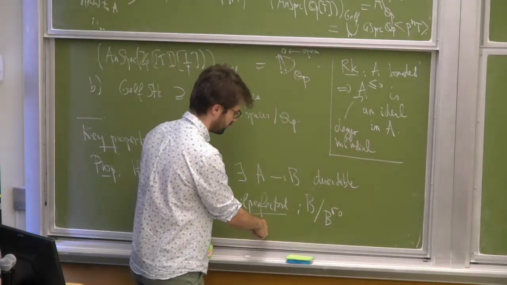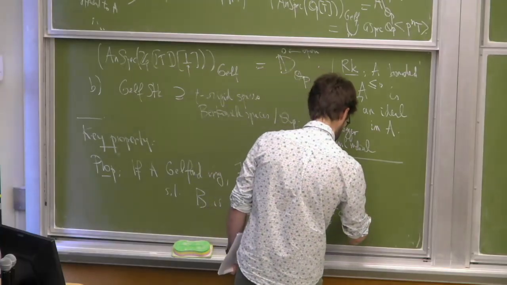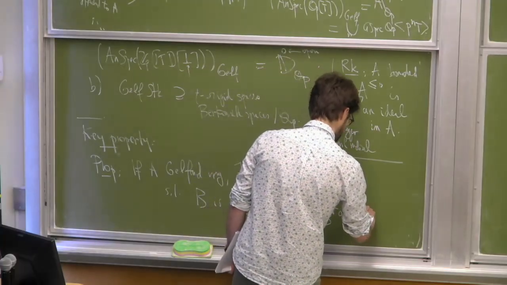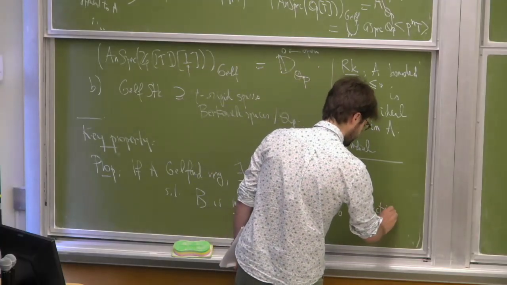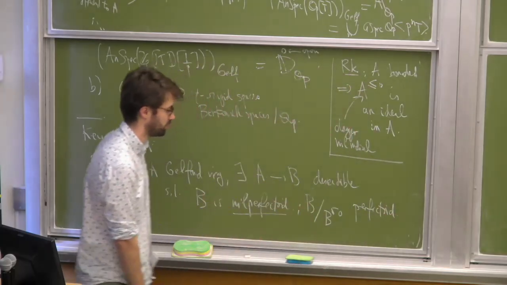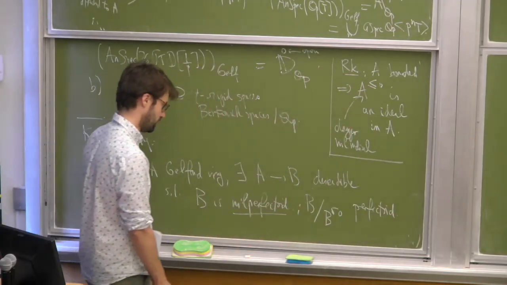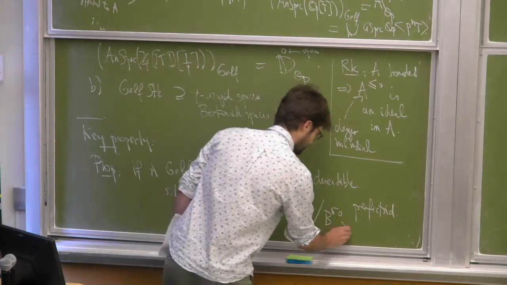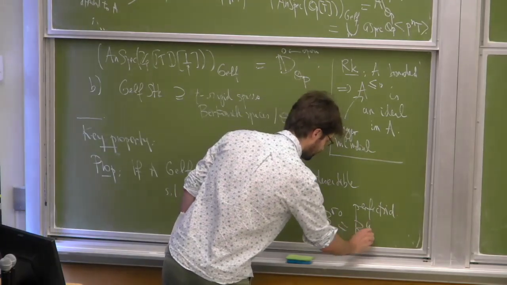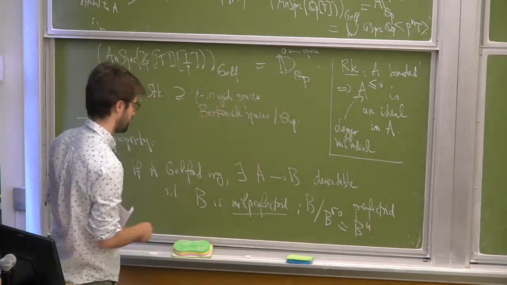The condition of being nil perfectoid means that this is a perfectoid ring. Perfectoid always means perfectoid Tate. In this case, it will also be the same as the uniform condition.